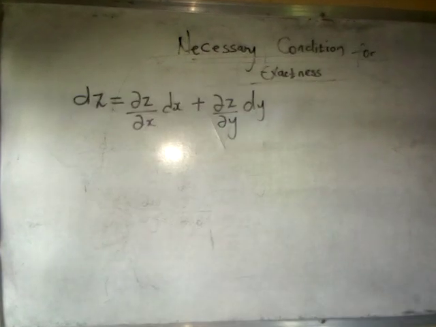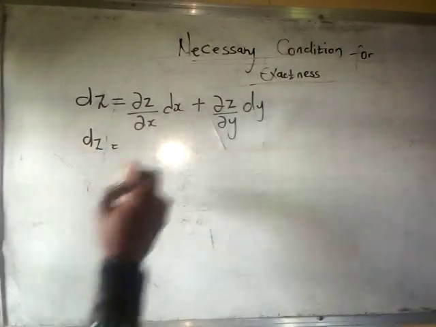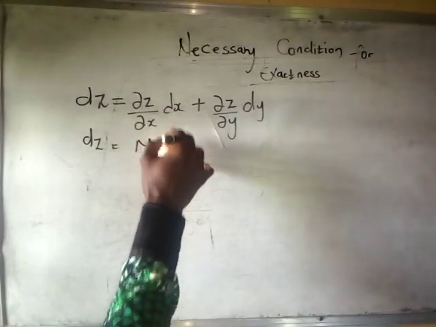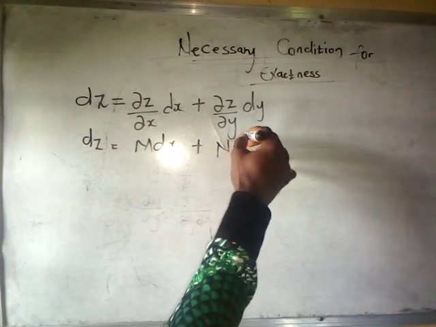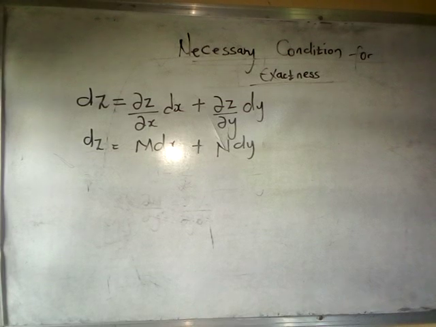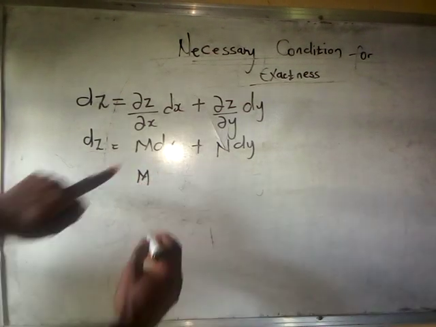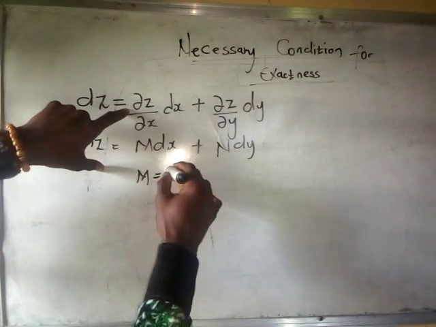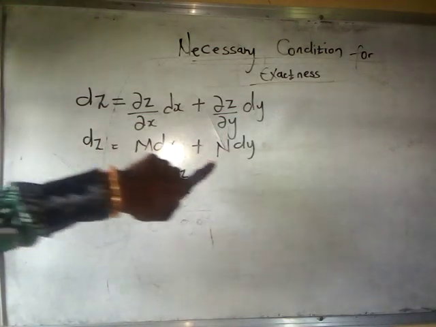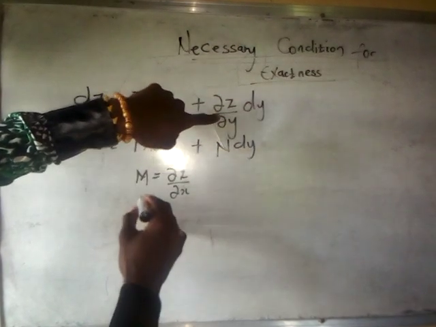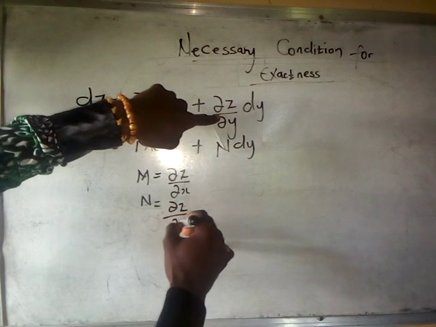So now by comparison, this is also written in this form: M dx plus N dy. That indicates that M is equal to the partial derivative of z with respect to x, and then my N is equal to the partial derivative of z with respect to y.